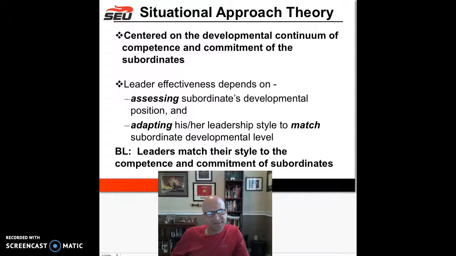One of the key things a leader has to take into account is assessing where the subordinate is in his development, and then making some adaptations to the way the leader is going to interact with the subordinate. Bottom line, leaders have to match their leadership style to the competence and the commitment of the subordinates in order to meet the organization's objectives.